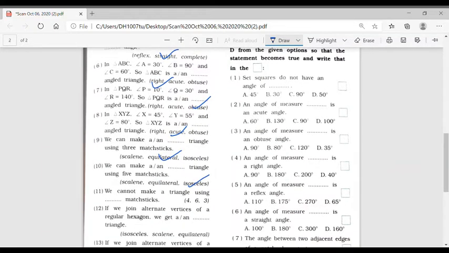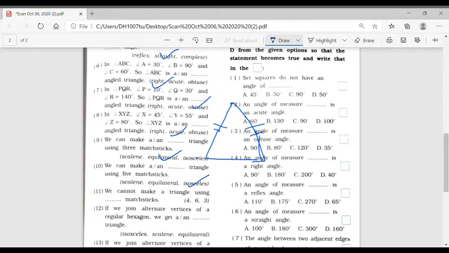If 5 matchsticks are given to us, then 1 matchstick I will take to make the base, and 4 I will use like this. This is showing the 2 matchsticks here, 2 plus 2 is 4, and these two sides have equal length, so this type of triangle is called isosceles triangle. So the answer will be isosceles.